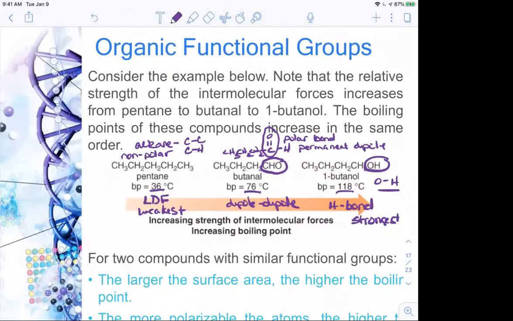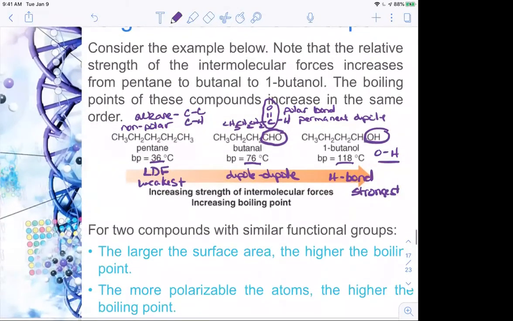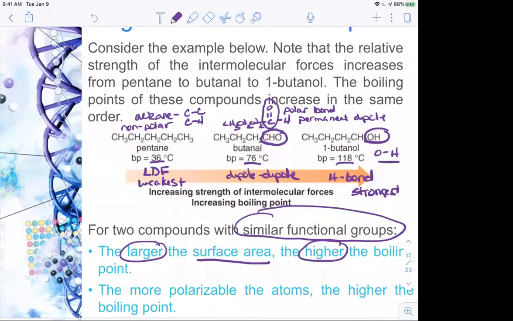And that's going to require more energy to phase change, to pull apart those molecules to go from the liquid to the gaseous phase. Remember, if I have similar functional groups present, I'm going to look at surface area. The larger the surface area, the higher the boiling point.